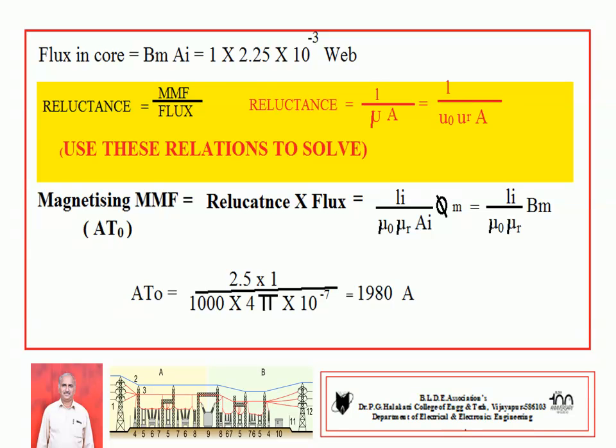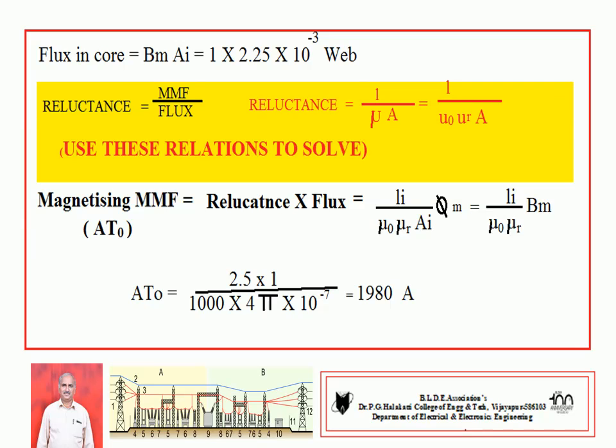It is well known that reluctance is equal to MMF divided by flux, which is analogous to the resistance in electric circuit. The reluctance is also given in terms of area and length, L divided by mu A, that is L divided by mu naught mu r A, where mu naught is absolute permeability, mu r is relative permeability, A is cross sectional area and L is length. So this relation can be used for the next step.